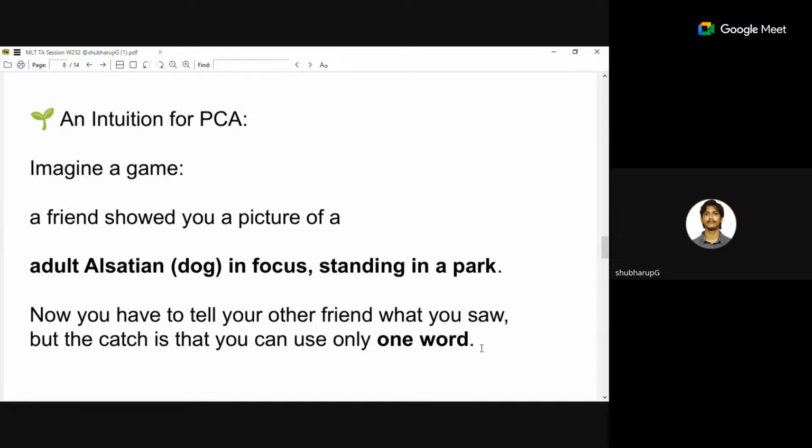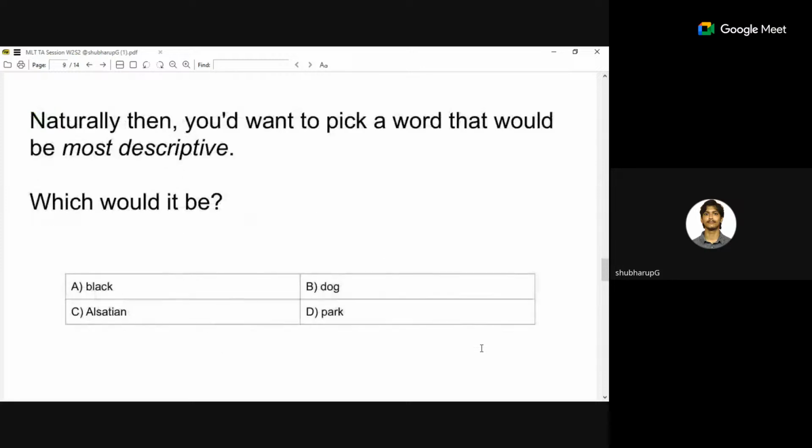Now, like Chinese whispers, you have to tell some other friend what you saw. But the catch is that you can only use one word. Naturally, to be good at it, you'd want to pick the word that would be most descriptive. Which among these options would it be?